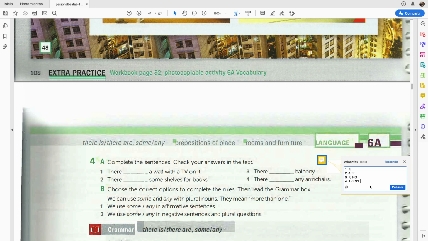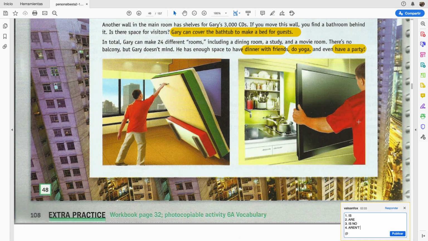So here, as you can see, these expressions, these words like there is, there are, there's no, there aren't, are phrases or expressions that we use when you want to express that something exists. For example, when you describe this room, you can say there is a TV, there is a sink.